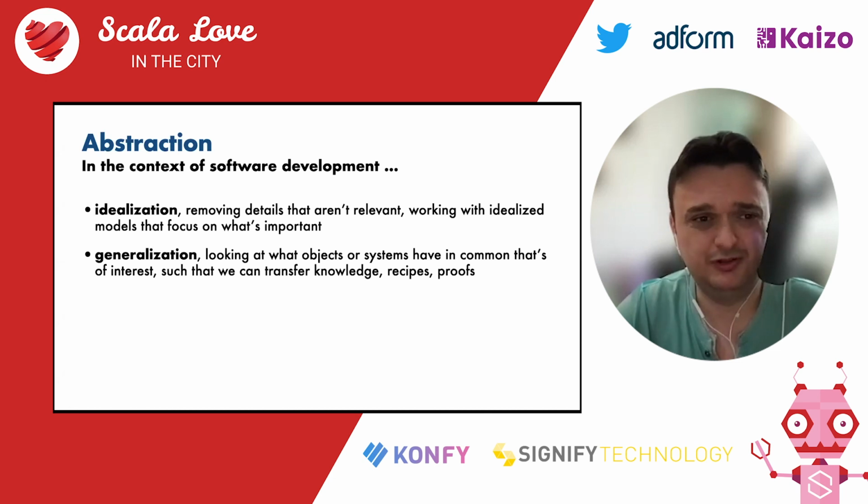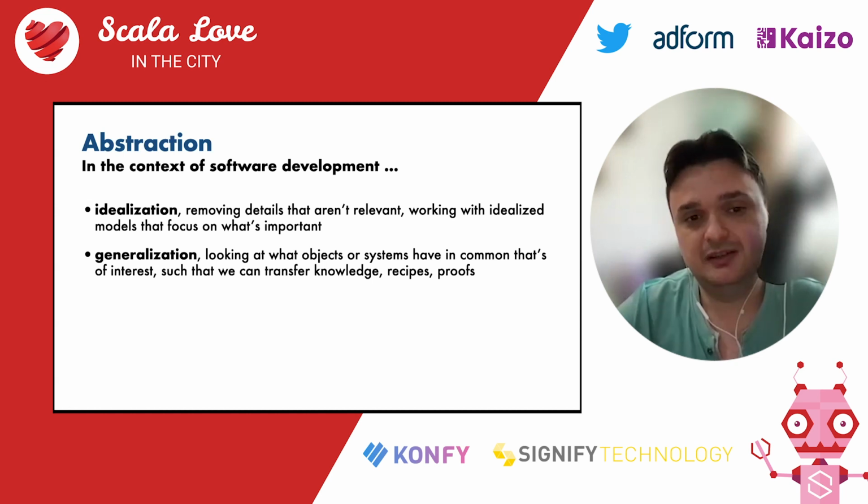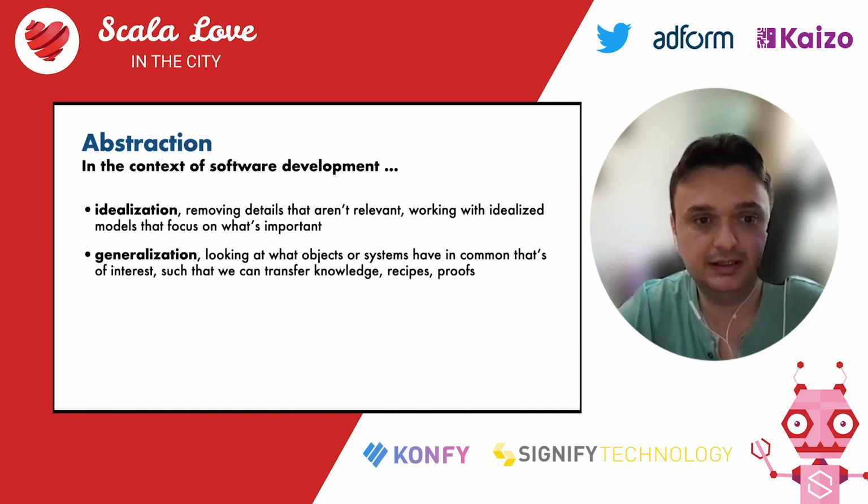I'm probably butchering the English language right now, sorry. Which means removing details that aren't relevant, you know, out of sight, out of mind. We only focus on what's important. And generalization, which means grouping object types in subgroups such that we can transfer knowledge, recipes, proofs.